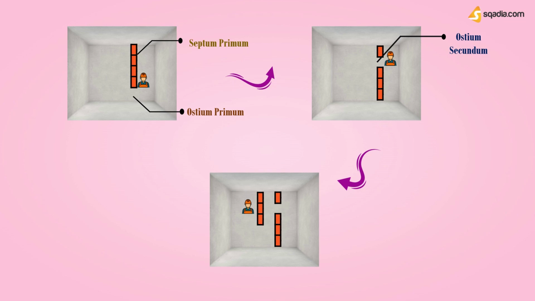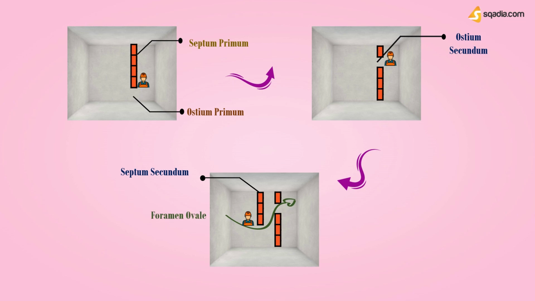Now this half-length wall is called the septum secundum. Now, I can move from the right room by passing the space between the septum secundum and the ostium secundum to enter the left room. This is called the foramen ovale.